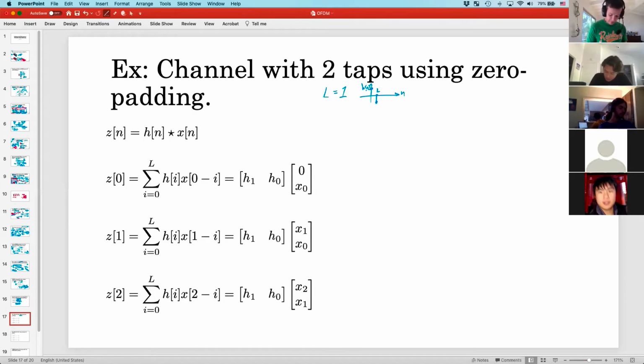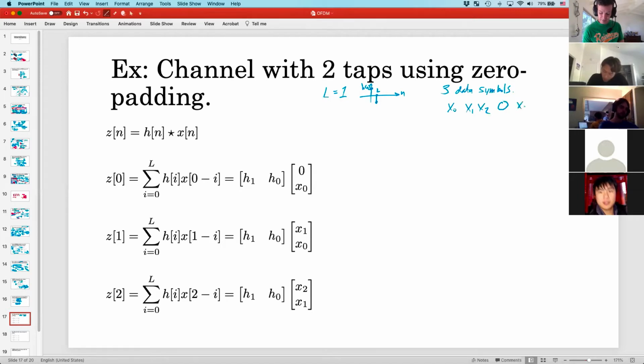And I think that we're going to do a frame of 3 data symbols, x0, x1, x2. And then if we have an L of 1, then we would send a single 0.